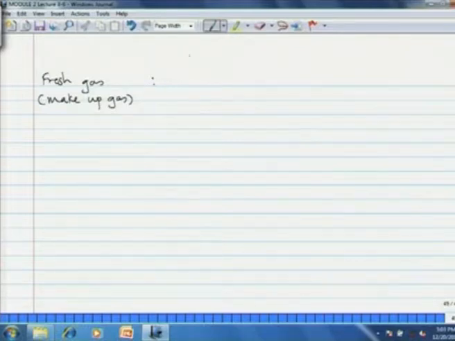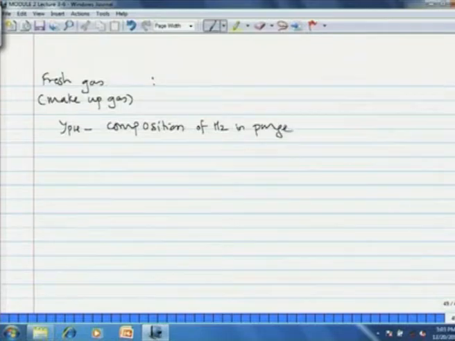Now, let YPH denote the composition of hydrogen in purge gas. So, YPH will be Fe divided by Fe plus 0.025 Fg.